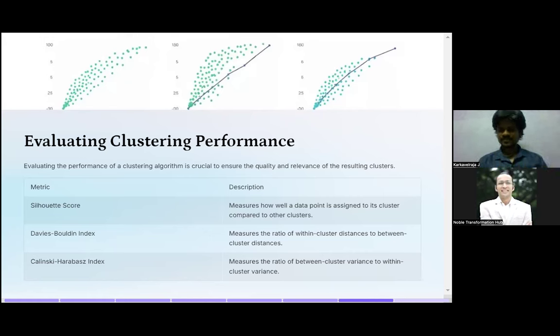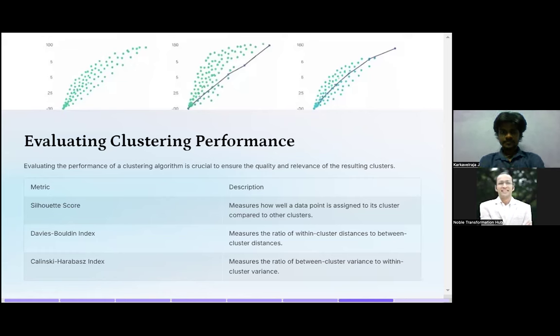Yeah. So evaluating clustering performance, guys. We have these parameters which are very crucial to ensure the quality and relevance of the resulting clusters. The first metric is the silhouette score, which measures how well a data point is assigned to a cluster compared to other clusters.